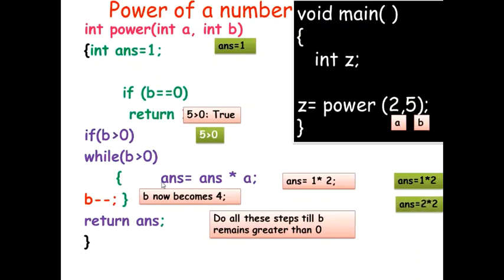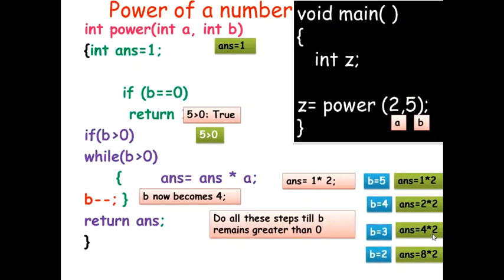Second time, after b becomes 4, b is again checked and now answer will become 2 into 2. Then again b is decremented and b is checked, then answer becomes 4 into 2, again 8 into 2, again. Once more it has to be done, because if you see b is 1 now, so answer will become 16 into 2.